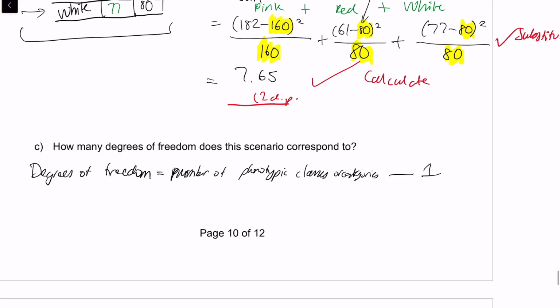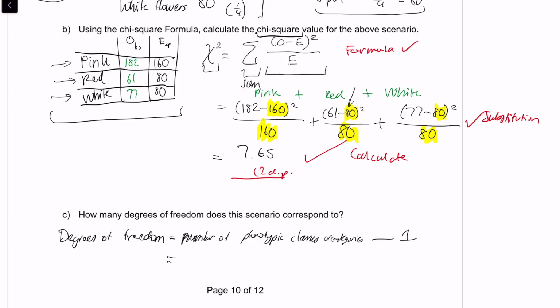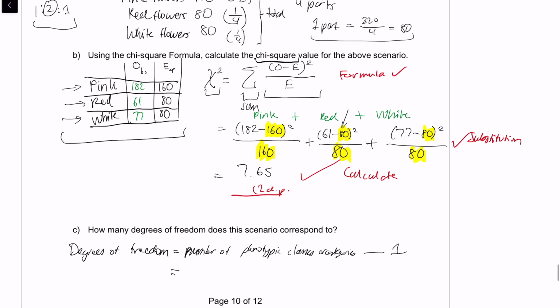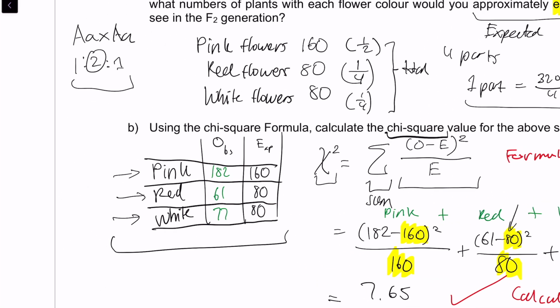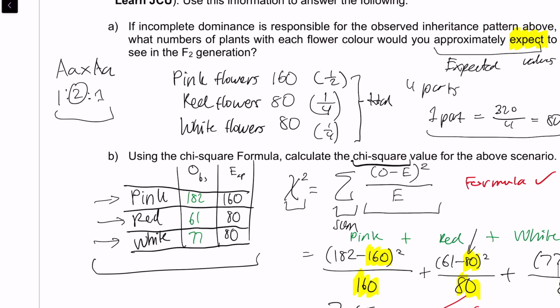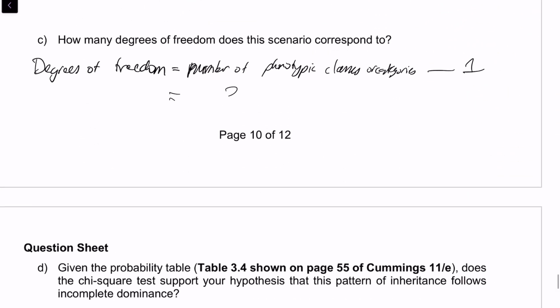So basically it's asking us how many different phenotypes there are in this scenario. There's 3, okay? You can have pink, red, or white. 3 phenotypes, and then take 1 from that. So our degrees of freedom is 2, okay?